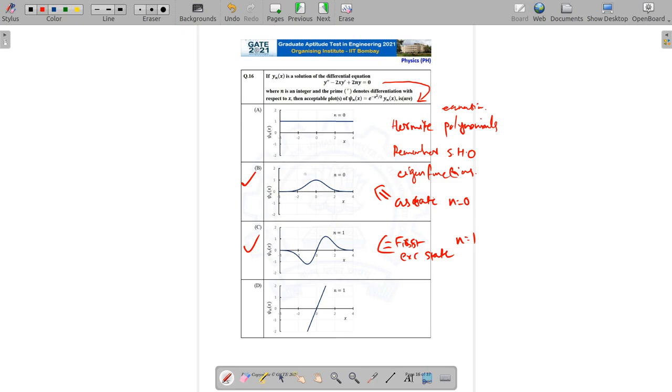You should be remembering the ground state is a Gaussian state like this, a Gaussian wave function, and also there is a fact that all these states are orthonormal.